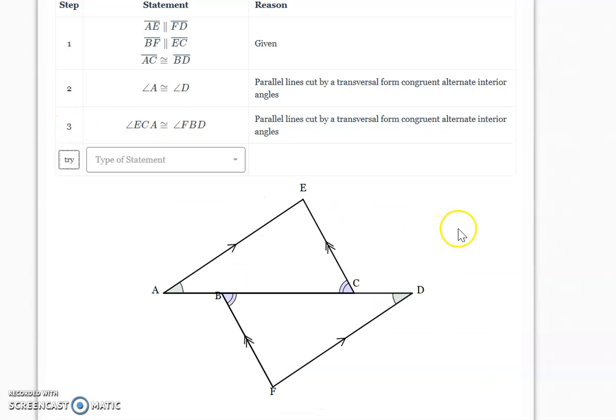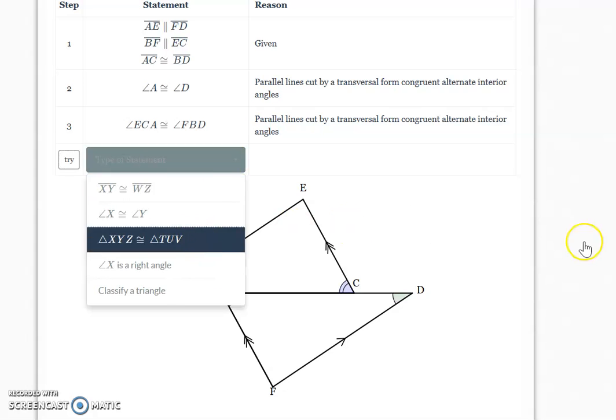So let's mark those. And again, it's not marked because it's not going to look right, but AC is congruent to BD. If I hover over that, those two pieces are still congruent. So we have angle, side, angle.